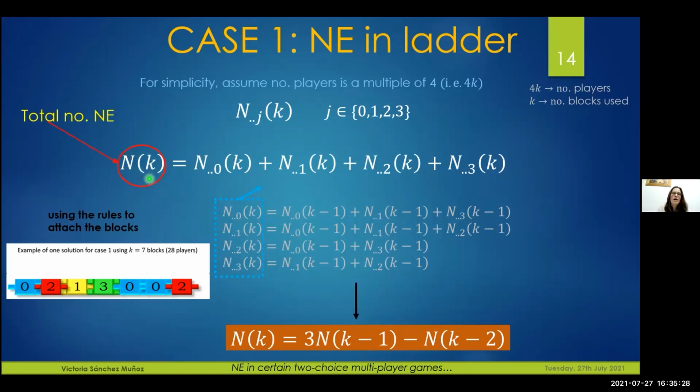This is actually the total number. I don't care what it ends in, because we just want to count. So the total number using 7 blocks will be the total number of sequences that end in block 0 using k, that end in block 1, in block 2, and in block 3.